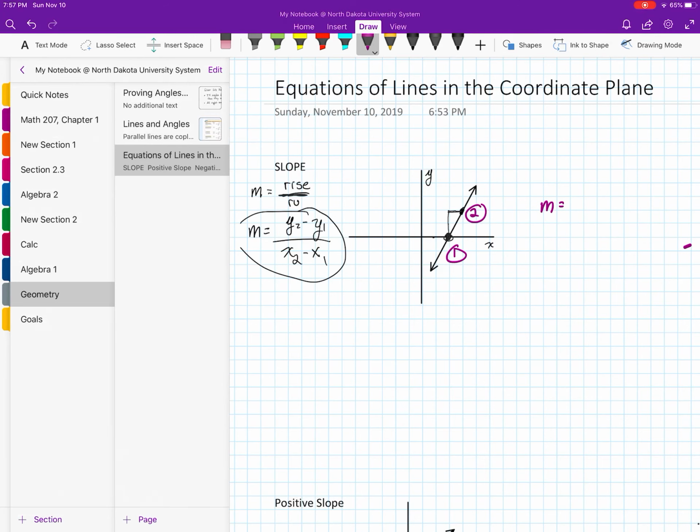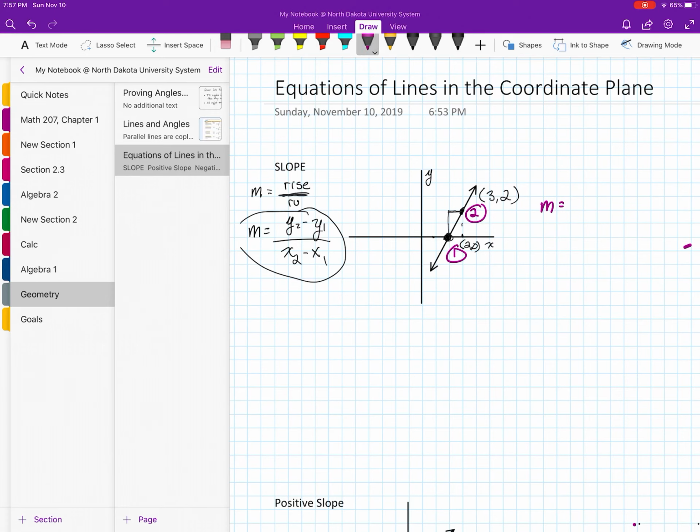So let's do that. What is the y coordinate here? Let's just count. So the coordinates of this point, point 2, are 3, 2, and the coordinates of the point on the x-axis are just 2, 0.